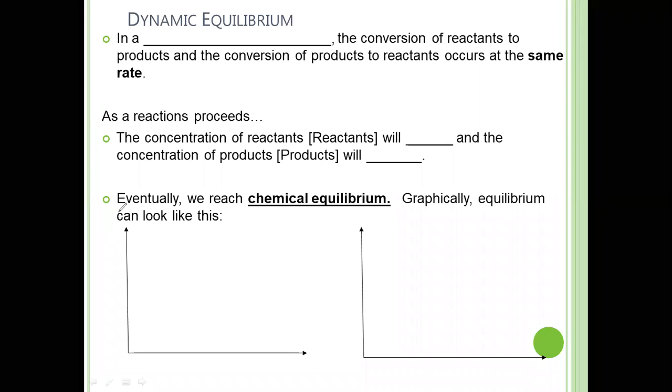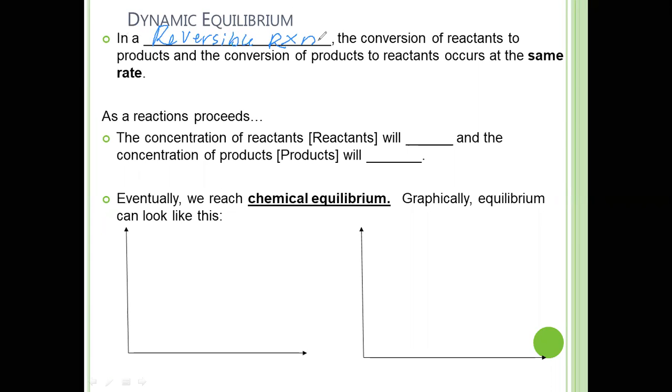So this is on page 4 at the bottom. Okay, so in a reversible reaction, RXN, the conversion of reactants to products and the conversion of products to reactants occurs at the same rate, so the same speeds.